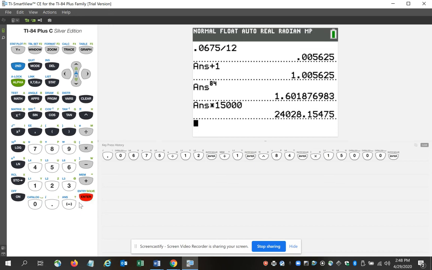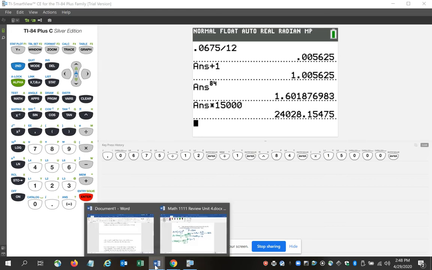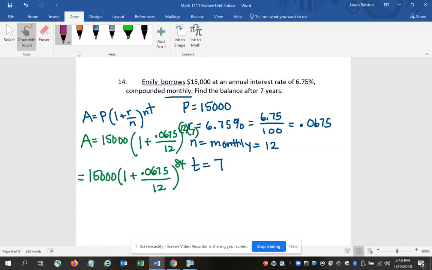So at the end of 7 years, Emily would have $24,028 and 15 cents if you round it to the nearest cent. It is money, so that would be standard rounding. So ultimately my answer here is she would have $24,028.15.